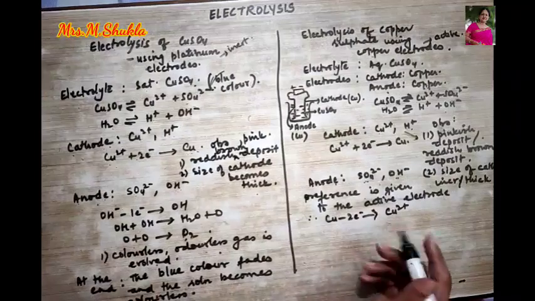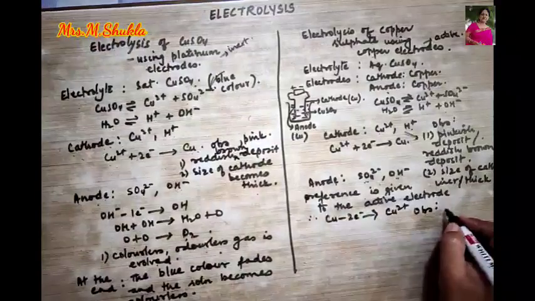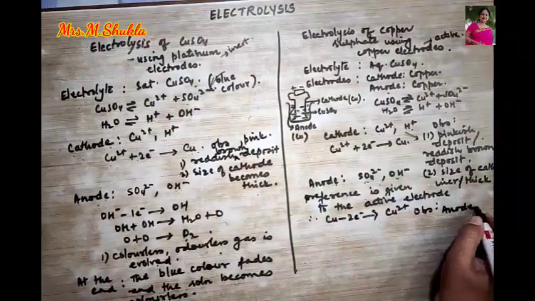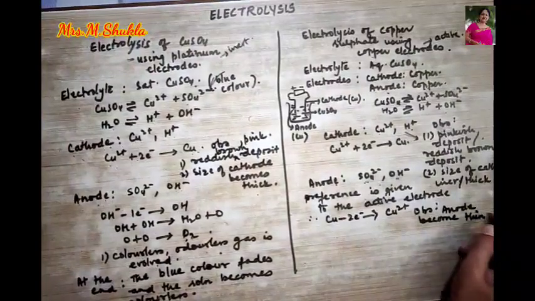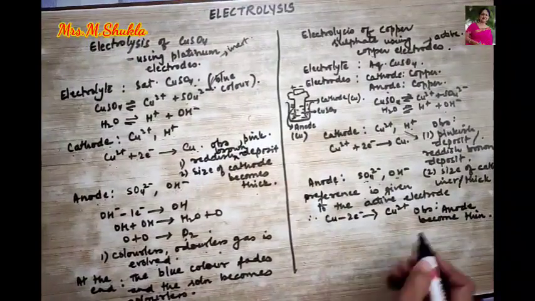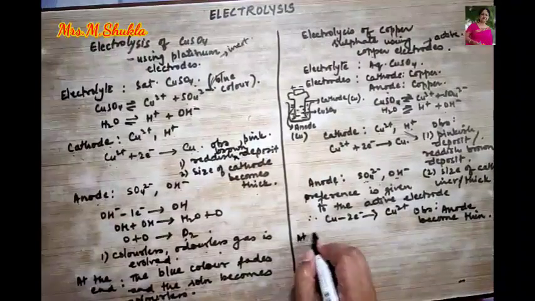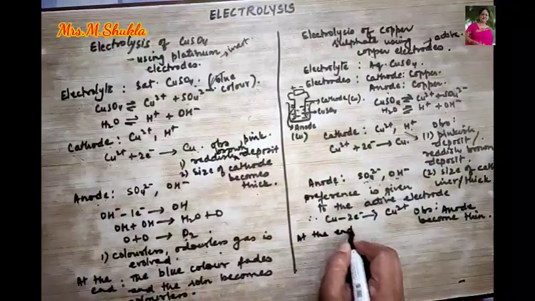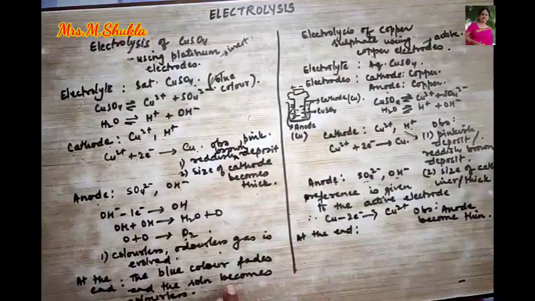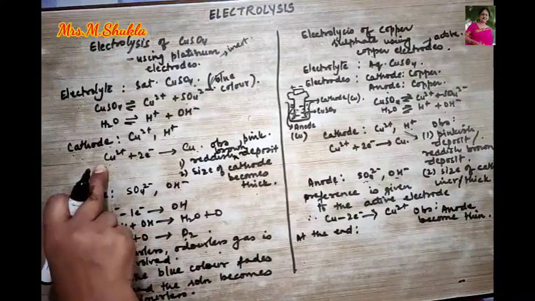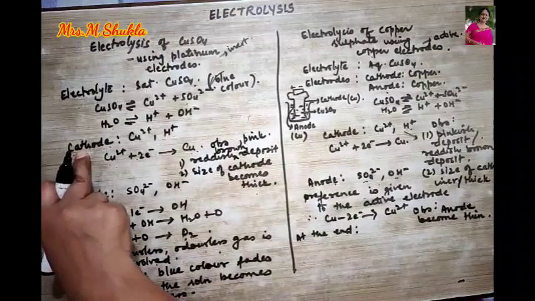So what is happening over here? Your observation is that the anode becomes thin. The anode has become thin. And what do you observe at the end? The blue color had faded. Why? Because all the copper ions which were present in the electrolyte became neutral at cathode.